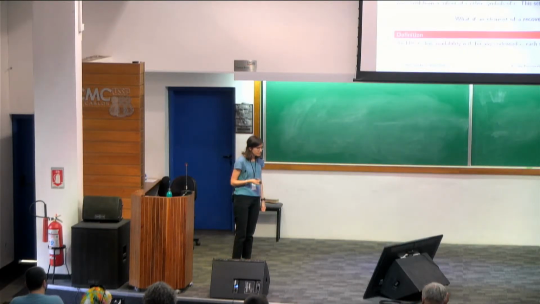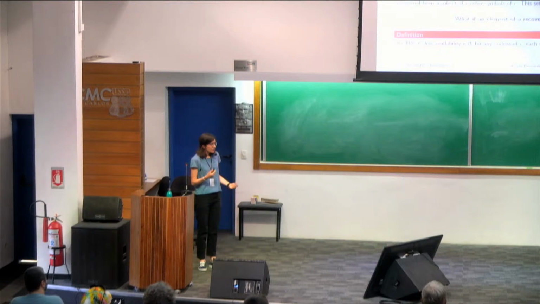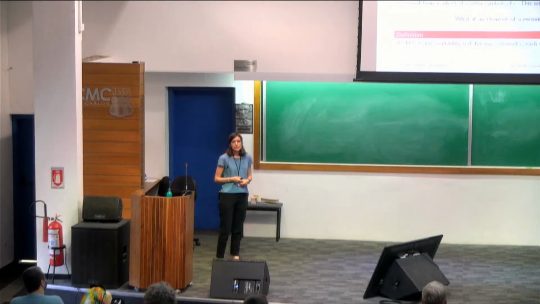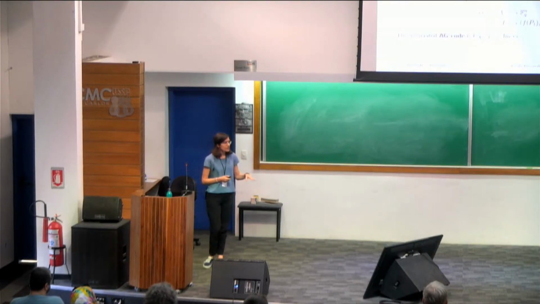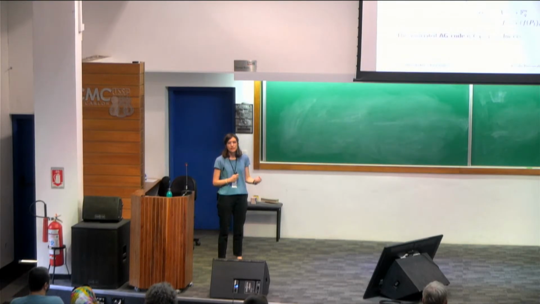So that's the idea. There are many different constructions of locally recoverable codes known in the literature, and in particular, several of them have been obtained as algebraic geometry codes. So I'm just going to recall something from the theory of algebraic geometry codes, because this is also the kind of construction that we studied in this work.